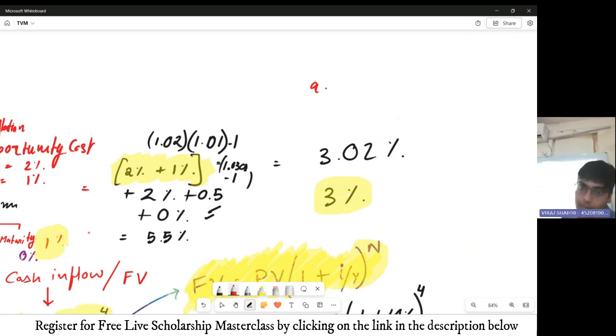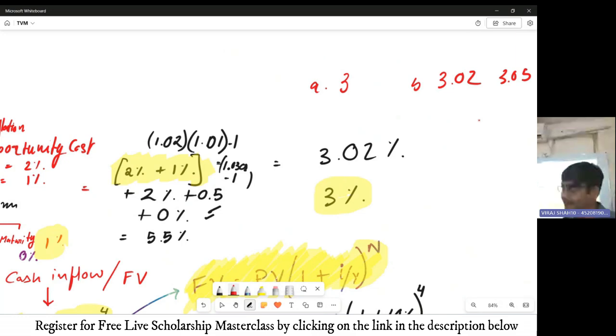So when they ask nominal and they give you no other risk premium, suppose the options look like 3%, 3.02 and 3.05, then you have to do the exact calculation because your answers are very close to each other, which is usually not the case.